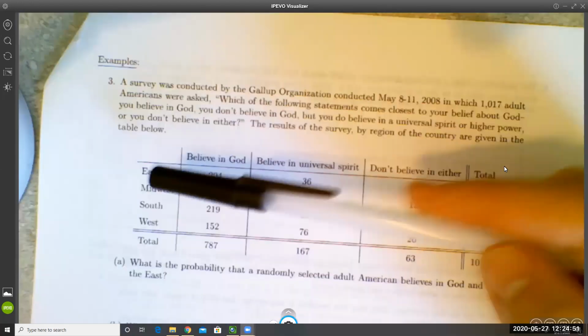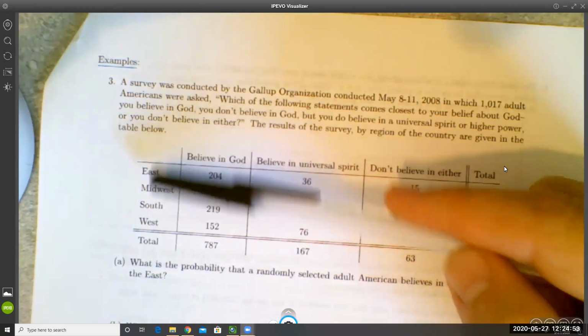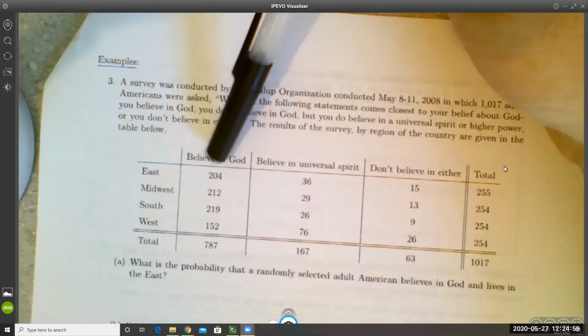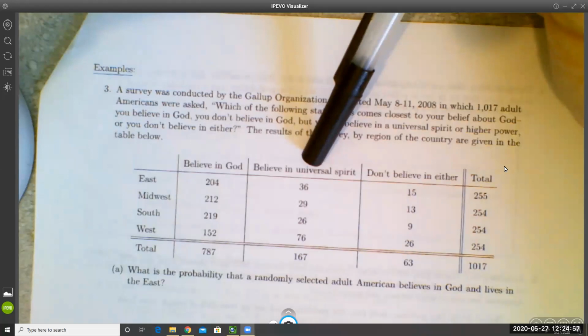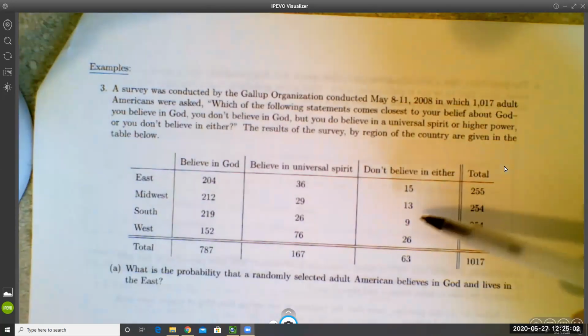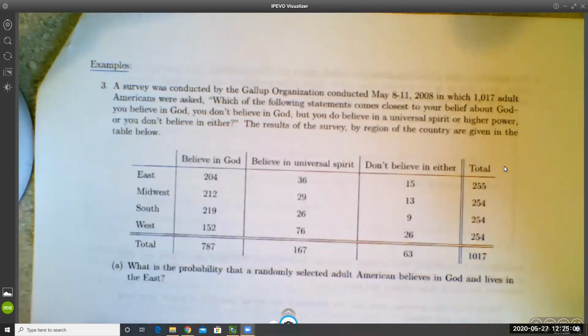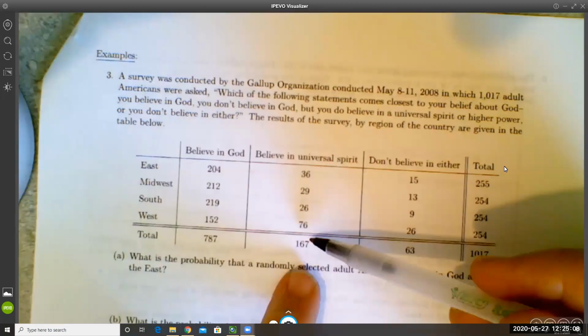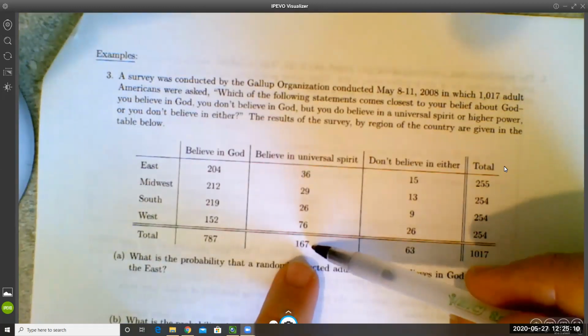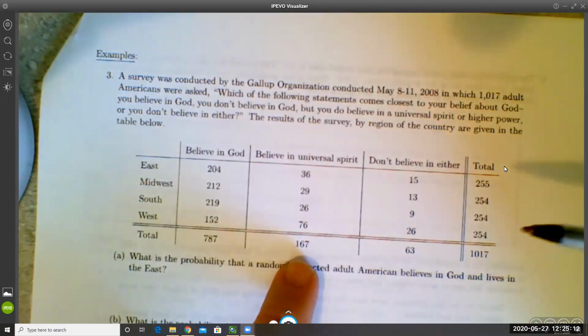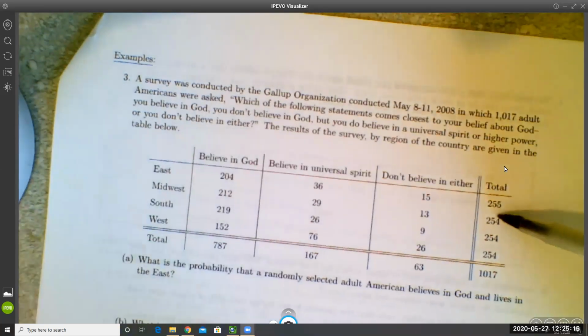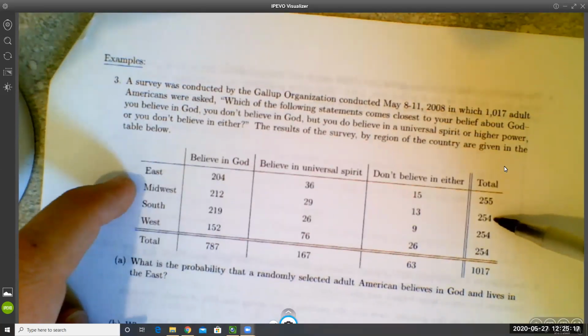Here we have the region of country: East, Midwest, South, and West. And then we have their response: believe in God, believe in universal spirit, don't believe in either. There were 9 individuals in the South who said that they didn't believe in either. There were 167 people in total who said that they believed in some kind of universal spirit. And there were 254 people in total who were surveyed from the Midwest.